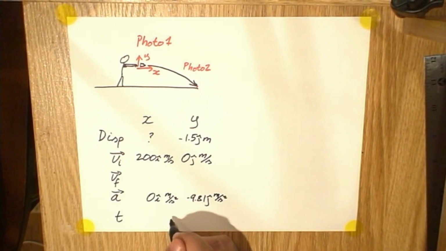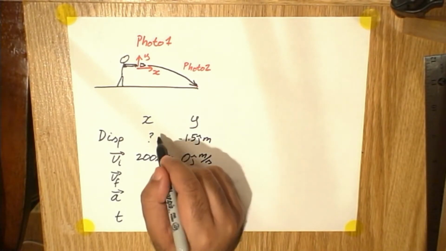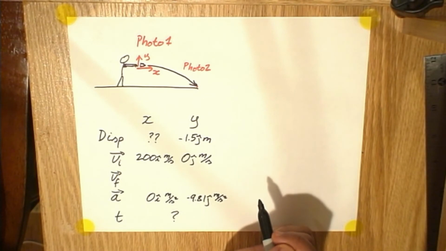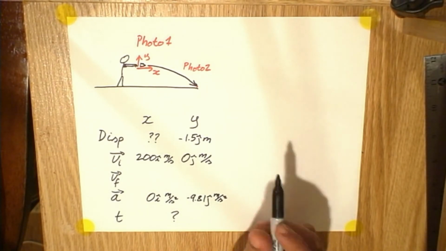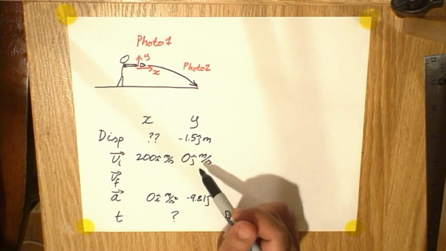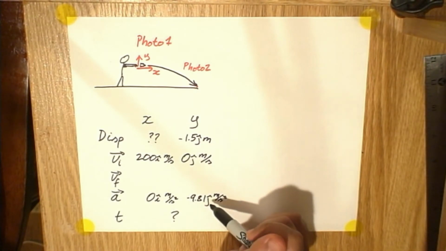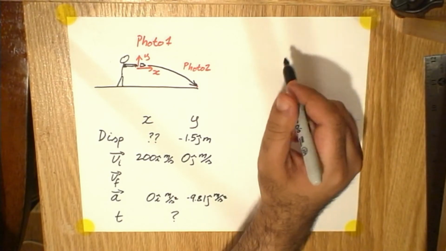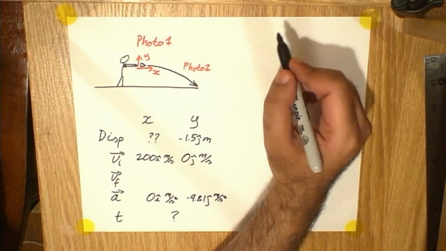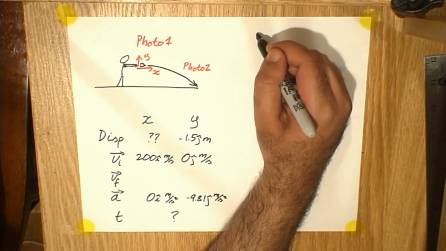So in this question, we're being asked for the time first and then for the displacement of the bullet. So let's go ahead and solve for that. We know the displacement in y, the initial velocity in y, the acceleration in y, and we're looking for the time. There's only one equation that weaves together all four of those quantities, and that's toolbox equation 2.